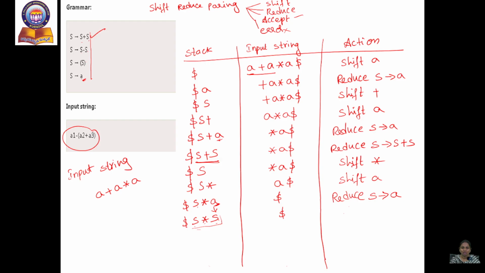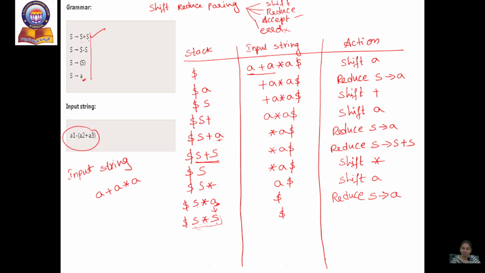To make it an accept, the stack should consist only of the starting symbol. The starting symbol is S, but here we have two S's and one terminal, that is into, in between these two S's, so we cannot consider this as the final state and we cannot perform the action called accept.